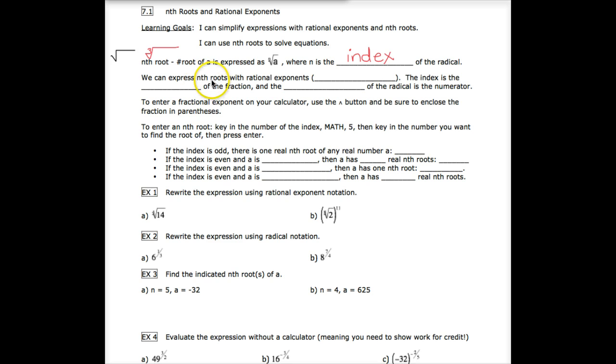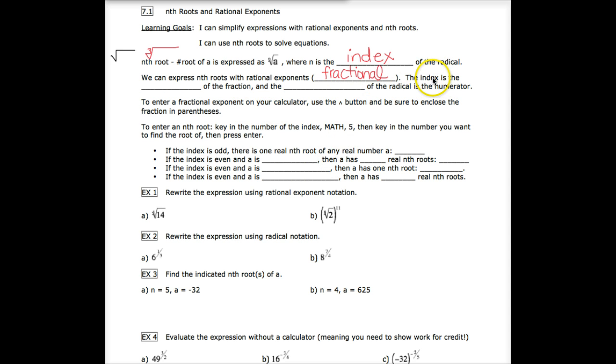We can express nth roots not only as radicals with their number here in the little crease, but we can also write them in an additional form with rational exponents. And remember, rational means can be written as a fraction. So rational exponents is just a fancy way of saying fractional exponents. So we're going to have exponents that are fractions now.